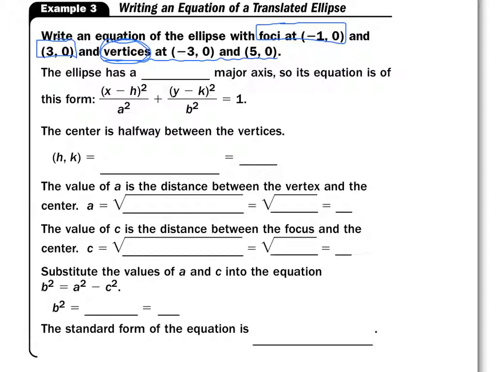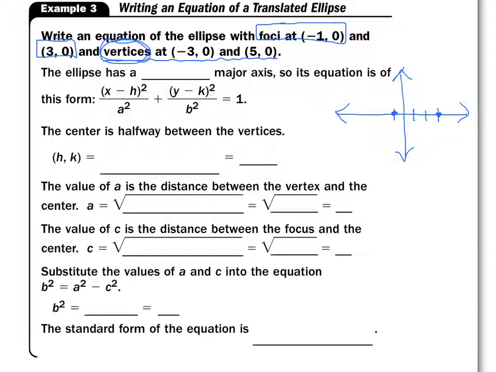So if we draw a quick sketch, the first thing it told us was our foci at negative 1 comma 0. So negative 1 comma 0 we have a focus, and at 3 comma 0 we have a focus.